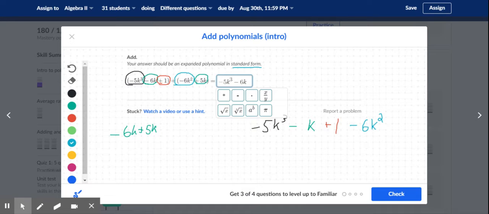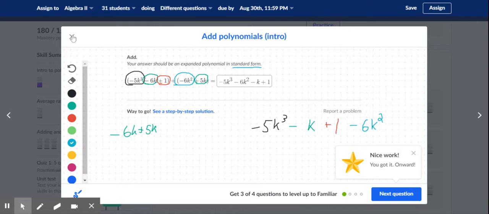The next term must be the squared. The next term is to the first power, and the last one is the constant term, just the number. And that's our standard form. And that's how we add polynomials.